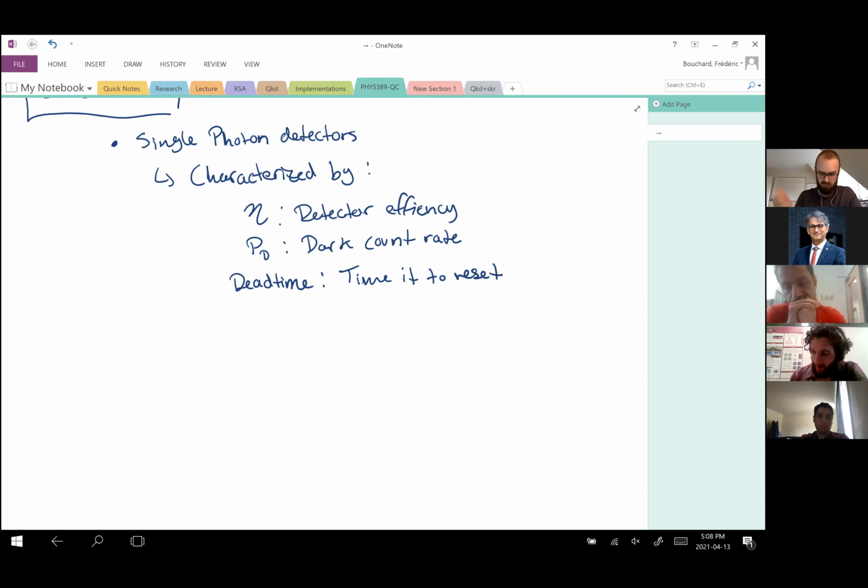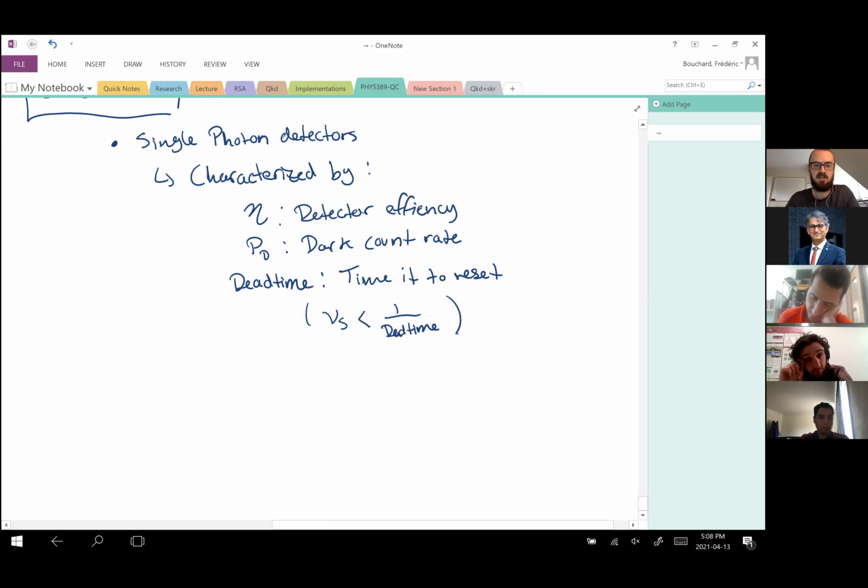What happens with this is it limits the rate at which Alice can send photons. So definitely, the rate has to be smaller than the inverse of the dead time, which basically tells you how many photons per second Bob can measure.